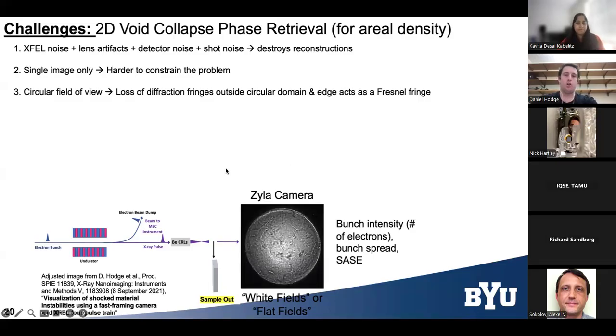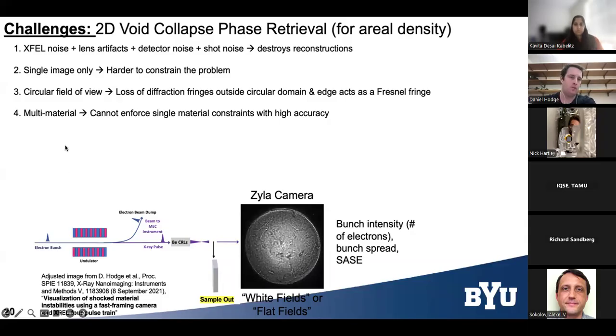And another issue that was a problem for a very long time, and I didn't realize it, is that there are fringes here which correspond to the aperture of the CRL, which need to be removed for accurate reconstructions, because we don't want to reconstruct the compound refractive lenses due to these fringes, but the actual object itself.